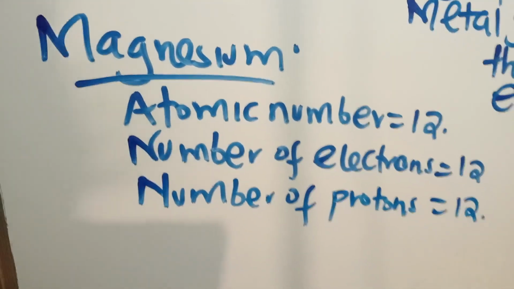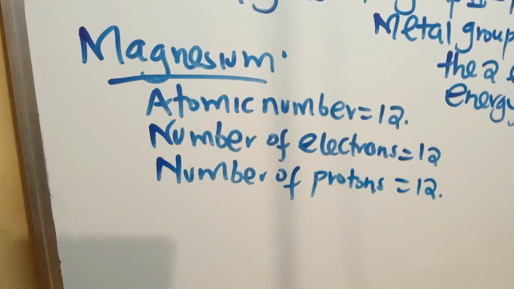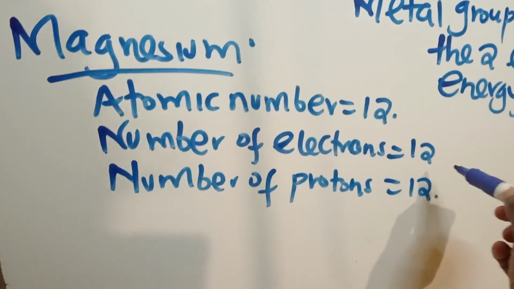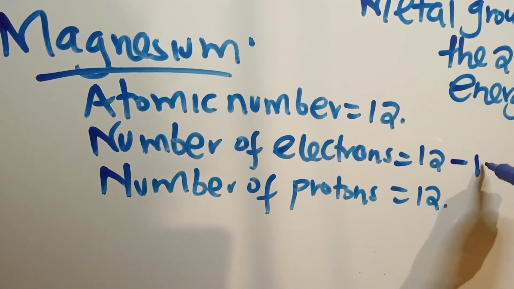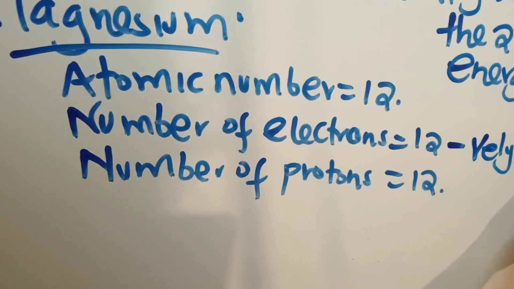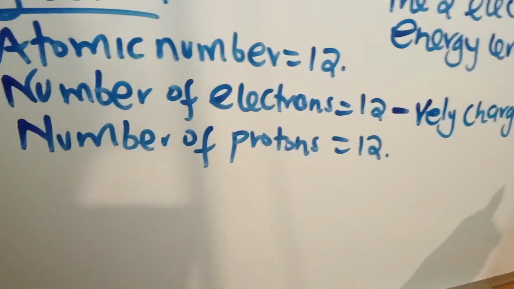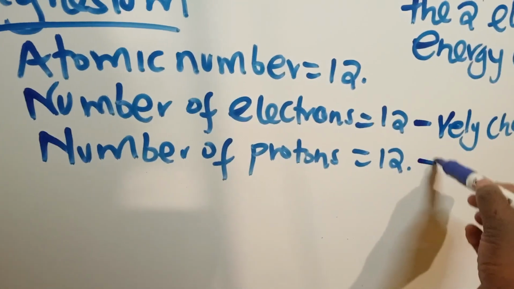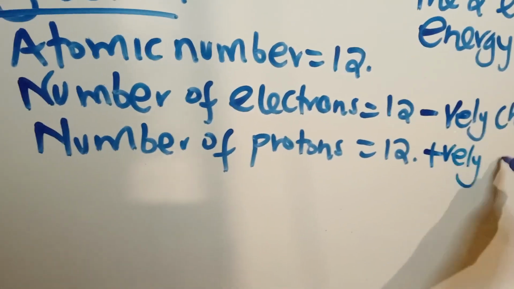They are also 12. Another point to note is that electrons are negatively charged, and protons are positively charged.